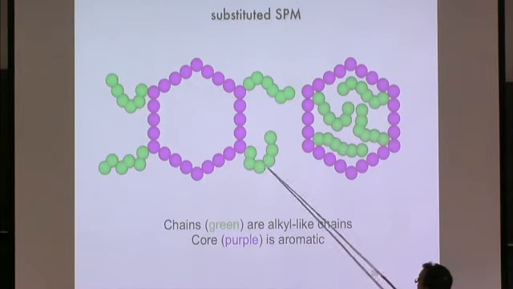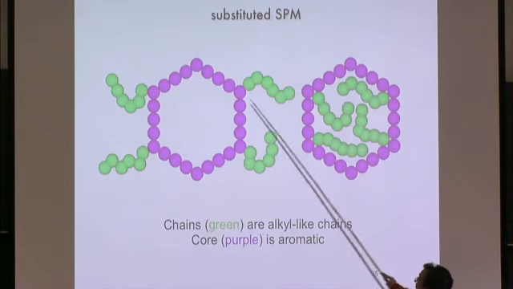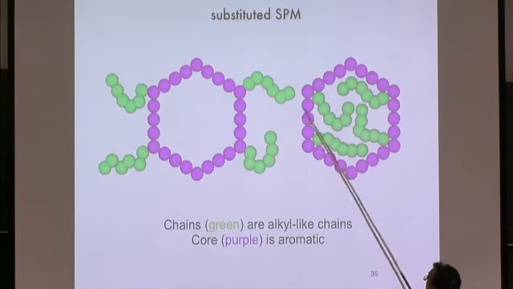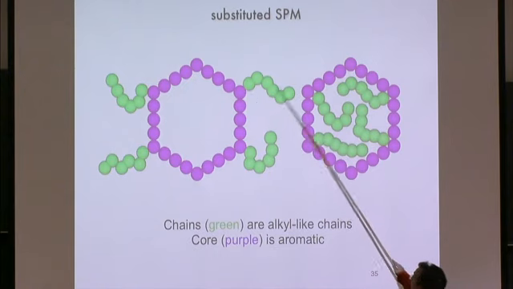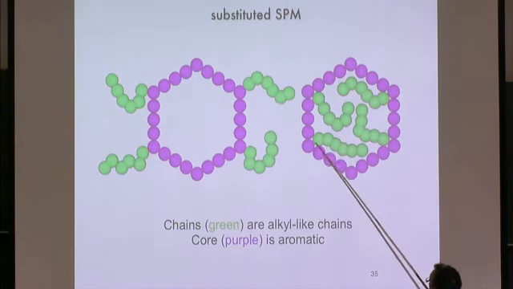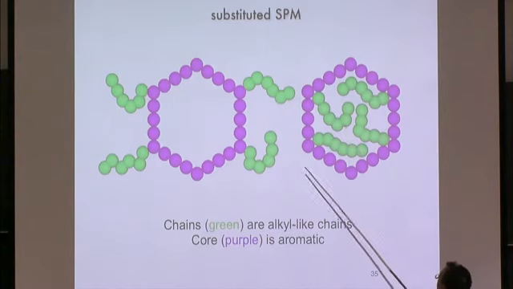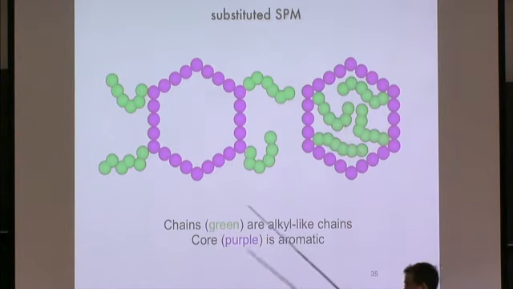Again, the greens are the alkyl chains, the purples are the aromatic type rings. In these models, we just took two extremes. We put an alkyl chain to the outside and one in the inside. This one in the inside corresponds to the one that could rotate and actually could go in and out, just to see if we could find things. Remember that one was the one that produced liquid crystals.